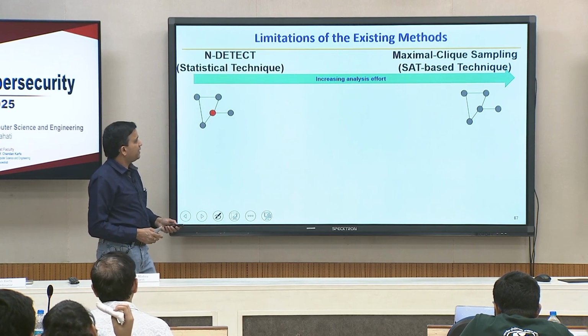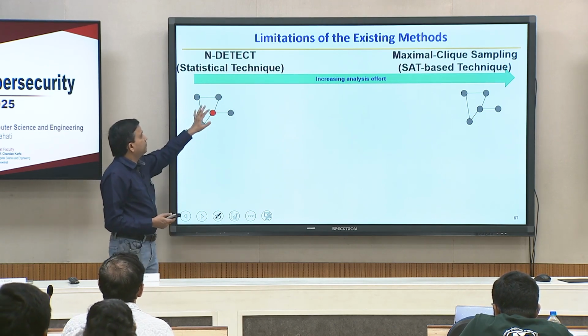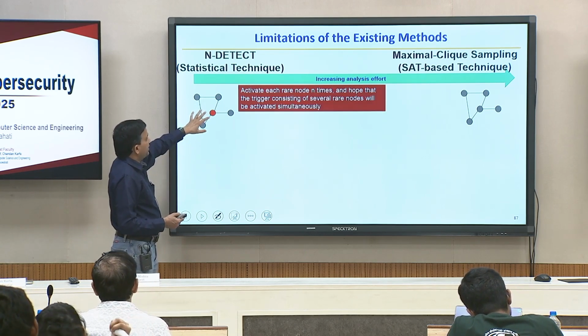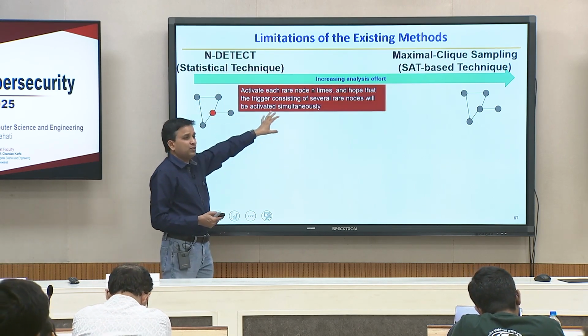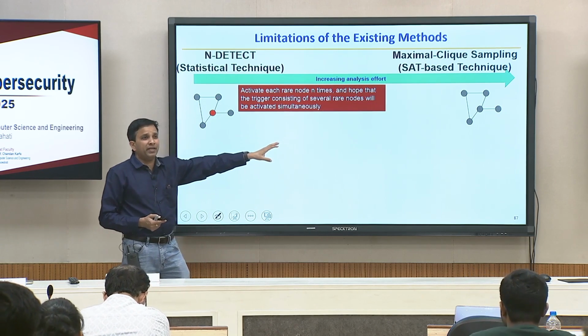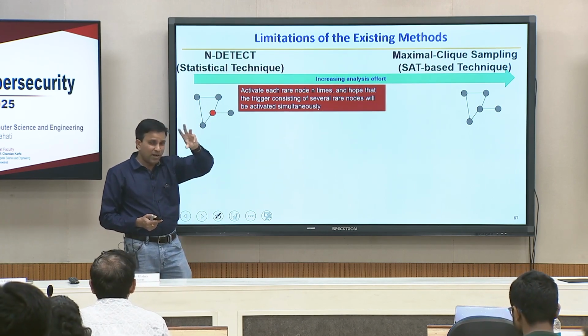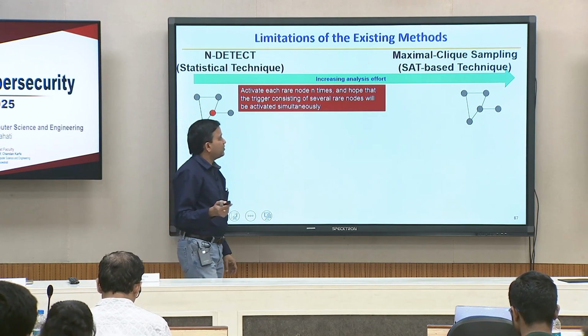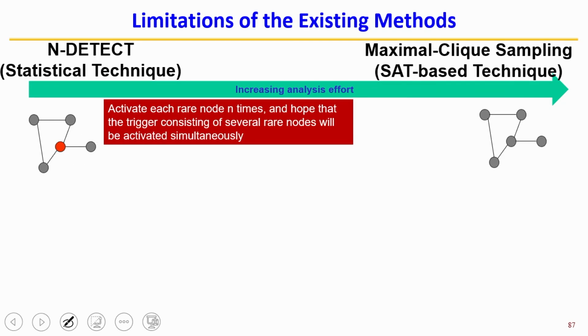Now, to summarize what we talked about. On one hand, statistical generation is basically trying to activate each node at a time and hoping and praying that the trigger, which is some number of nodes, gets activated. Maybe the animation did not appear.